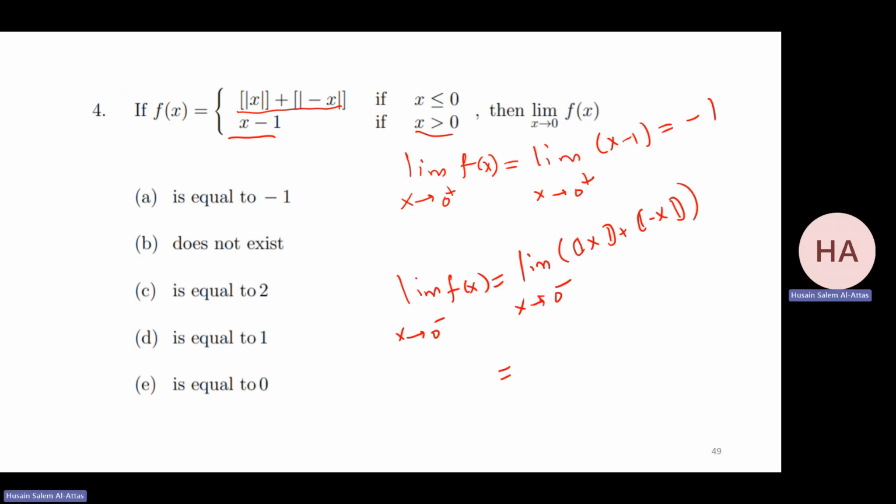Then I want to do 0 from left, which is minus point something. You plug it there, it becomes minus 1. Here minus point something becomes point something, and its greatest integer is 0. So the answer is minus 1. So they are the same. So the limit is minus 1.